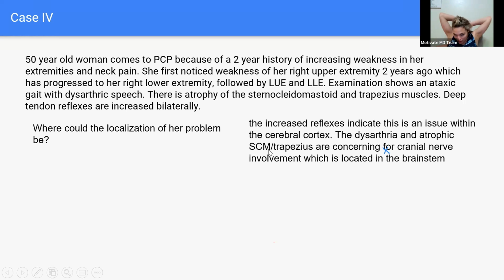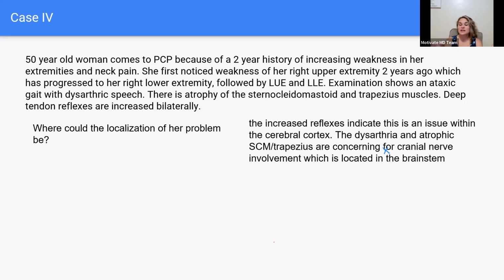Okay, so I had said the increased reflexes indicate this is an issue with the cerebral cortex. The dysarthria and atrophic SCM, I didn't talk about that yet. The atrophy of the sternocleidomastoid is concerning for a cranial nerve involvement. So yes, very much so, the dysarthria could be involvement of basal ganglia, it could be involvement of Broca's area, any part of the motor cortex.